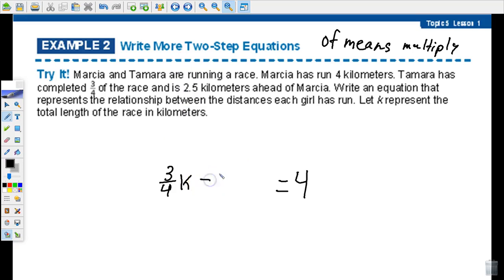So we will subtract this 2.5 to equal Marcia's kilometers. So 3/4 times K, the race, and is 2.5 kilometers ahead of Marcia, so minus 2.5 would equal where Marcia is. Okay? 4 kilometers.